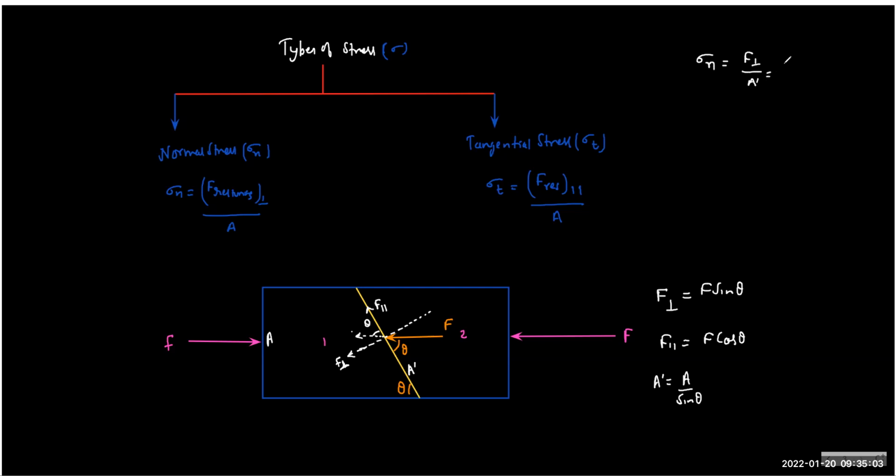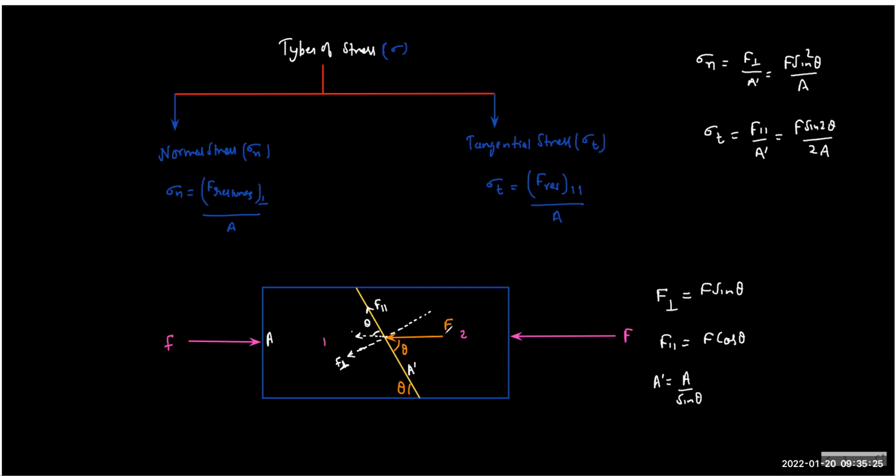That's it. F sine square theta by A, and we can write F sine 2 theta by 2 in short.